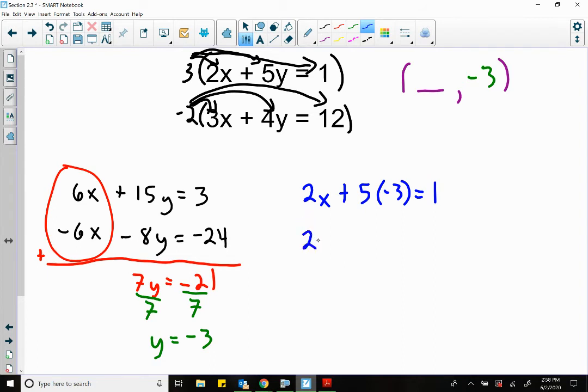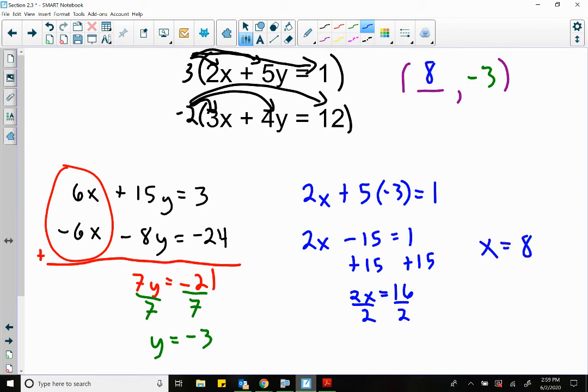So 2x, 5 times negative 3 is negative 15, equal to 1. Plus 15, plus 15. 2x equals 16, divide by 2, divide by 2. We now know that x is 8. And there's your answer.